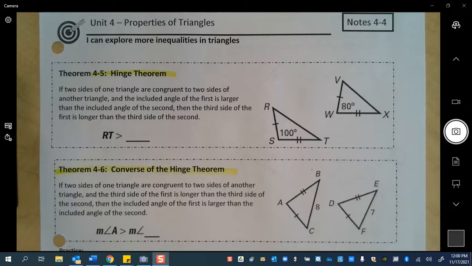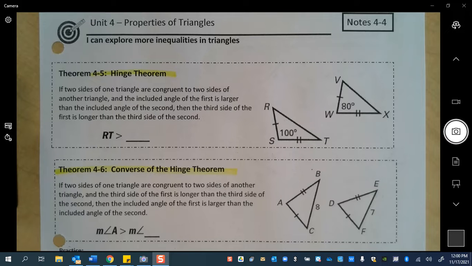So the converse says the exact opposite. The converse says if 2 sides of one triangle are congruent to 2 sides of another triangle, and the third side is longer than the third side of the other triangle, then the included angle of the first is larger.